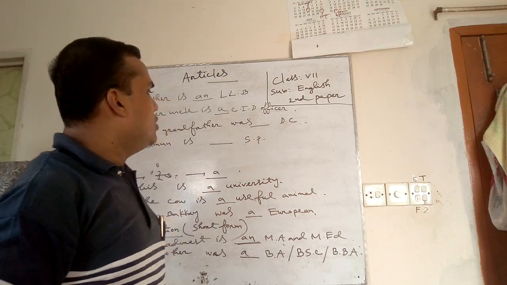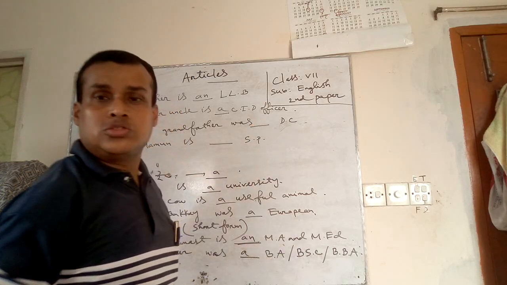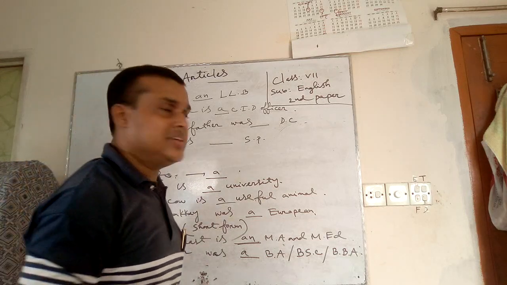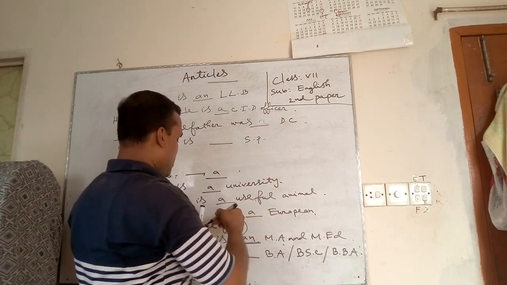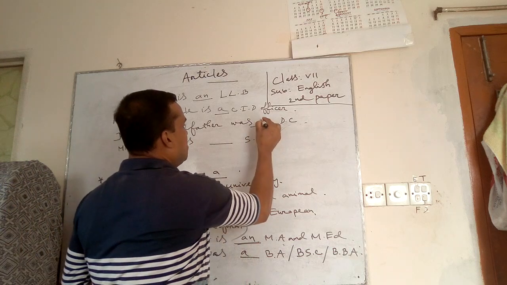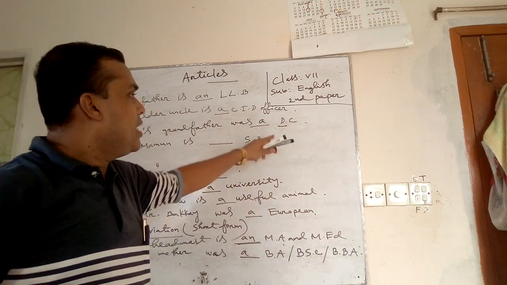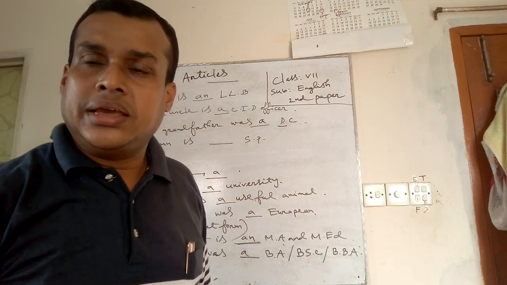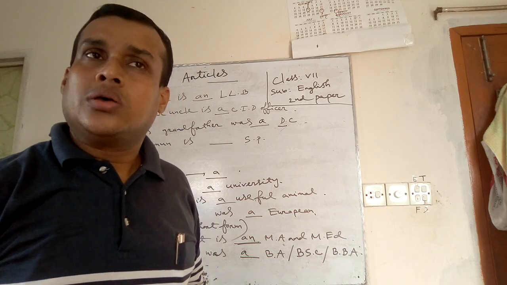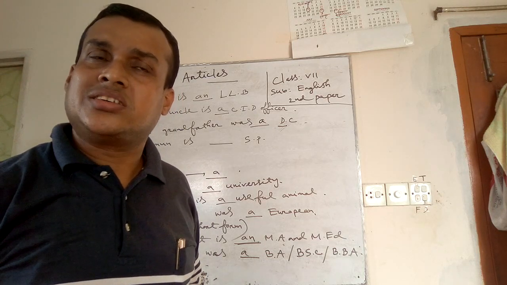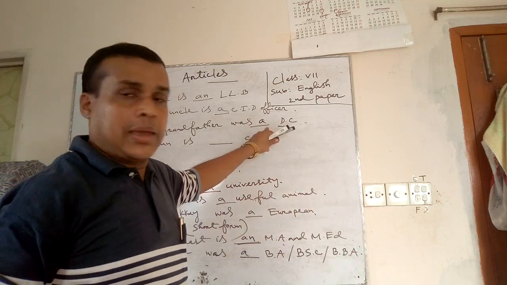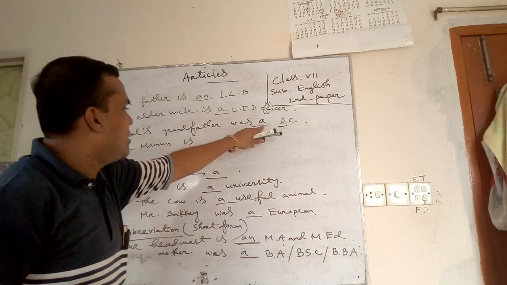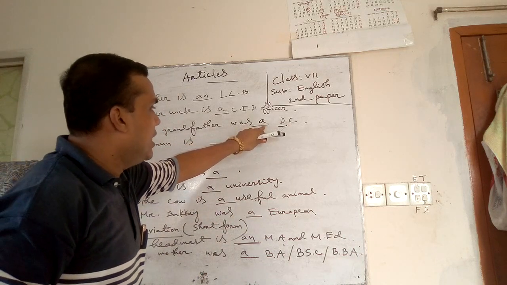What will you use in this sentence? A DC. Very good. A DC, because the first letter of the abbreviation is D, and you utter the D elaborately, "dee". There is no vowel sound at first, so we should use a. Next example.